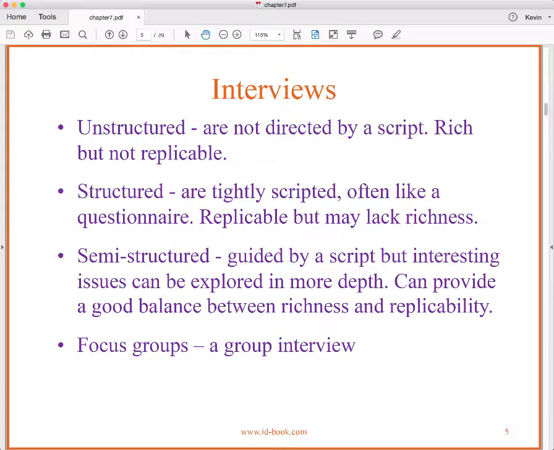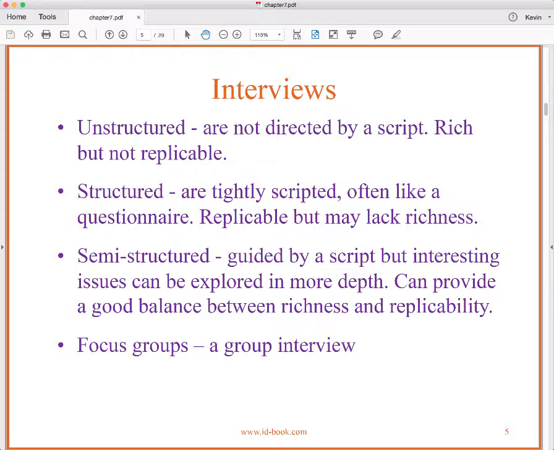So interviews can be categorized in a number of ways, but one of the scales that people often categorize them on is how structured they are. So an unstructured interview is not directed by a script.